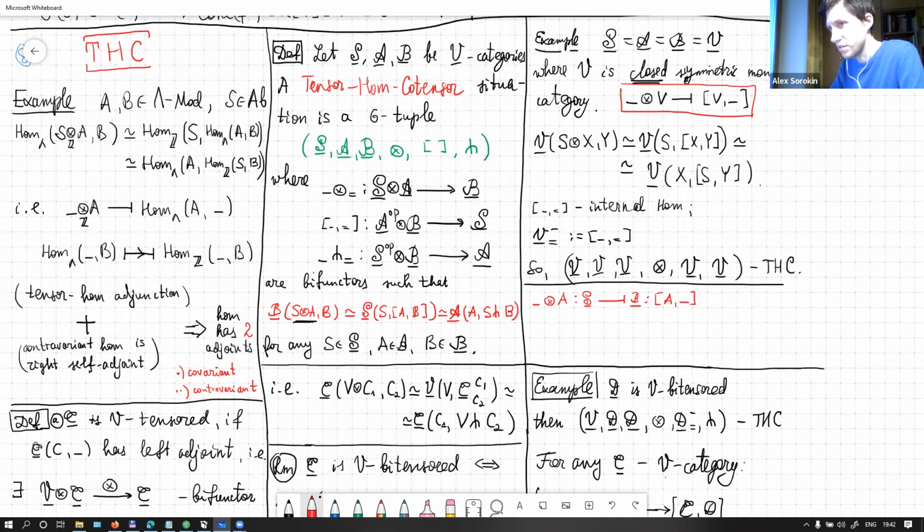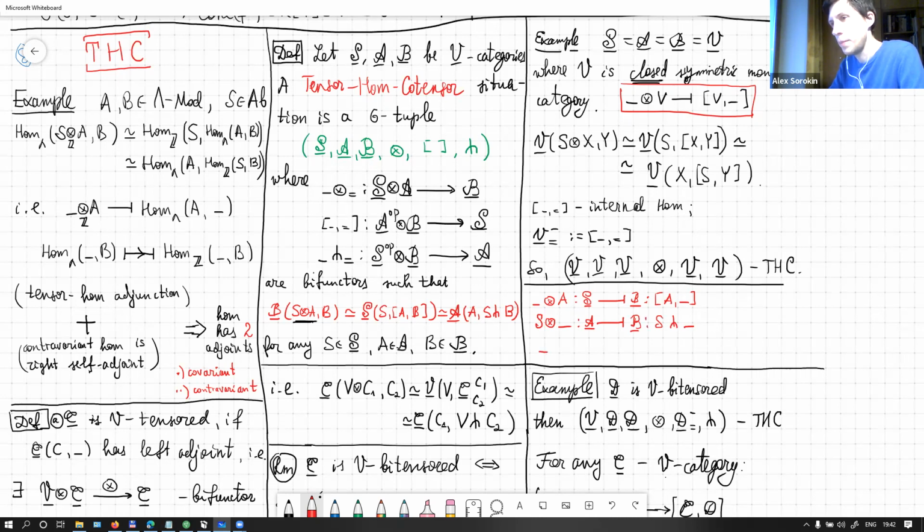Also, we have another adjunction. If you take S and tensoring blank, we are going from category A and we will land in category B. And this is given by cotensor. So here I'm taking the third and first formula. And the last one is the following.